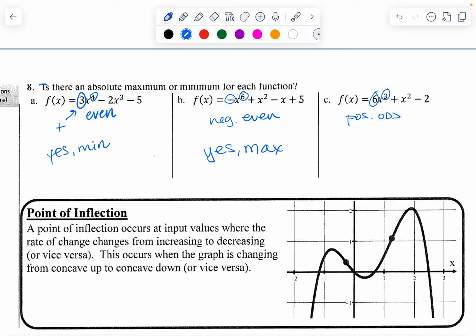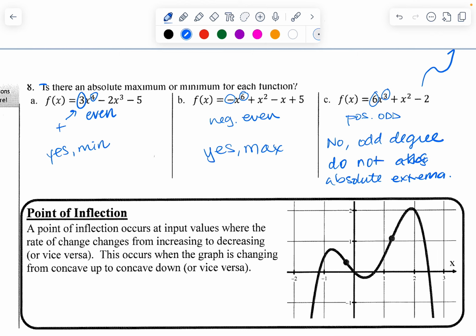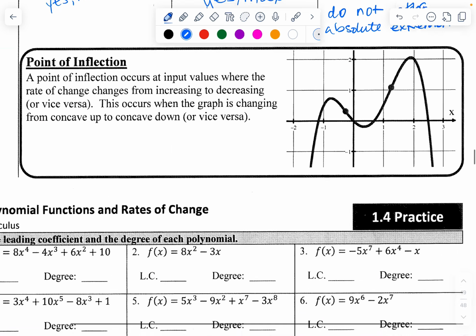That odd tells me, actually, no, we won't have an absolute minimum or maximum. So odd degrees mean that we do not have absolute extrema. An example of this would be if this was 6x to the third, it would look something like this. It goes forever in both directions, which means it can't be the highest or the lowest.